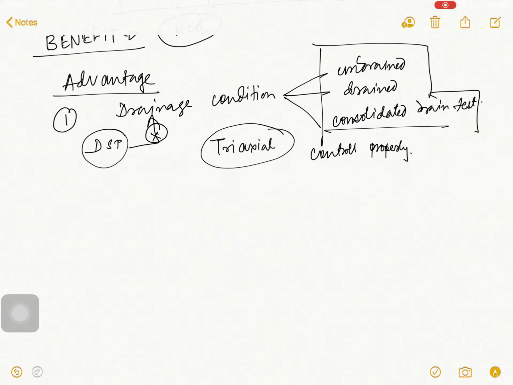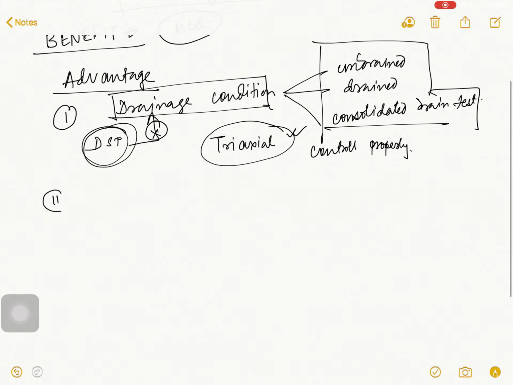So MCQ number 1: tell me a test where you can conduct shear test in any kind of drainage condition. Answer, triaxial test. Tell me the one test where you cannot control the drainage condition properly. Direct shear test.